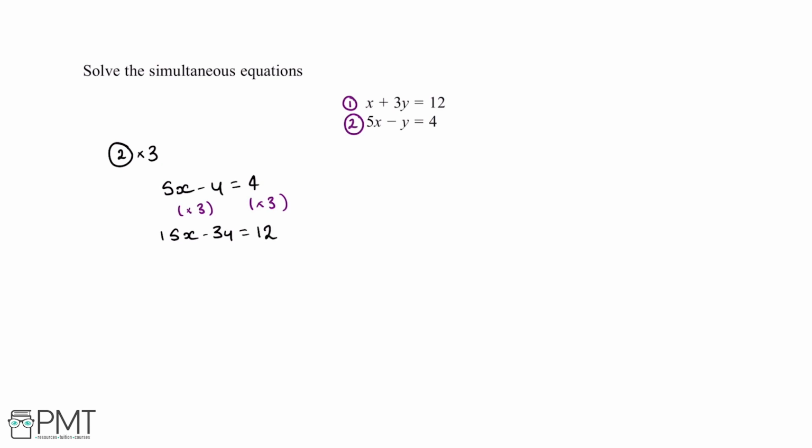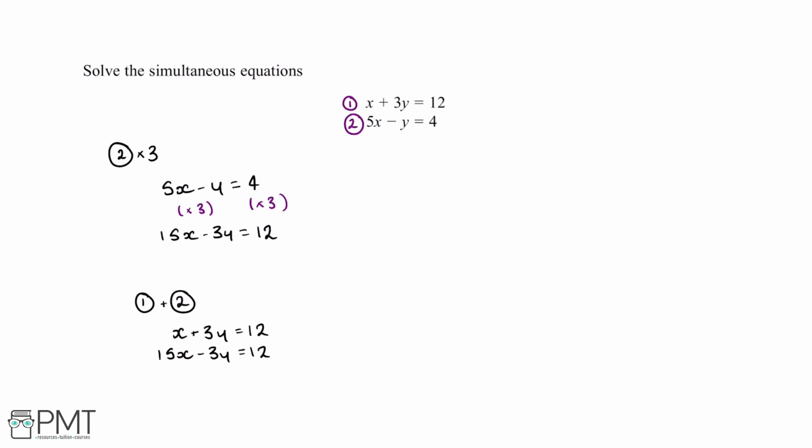So now what we can do is add equation 1 to equation 2. So equation 1 is x plus 3y equals 12, and then our new equation 2 is 15x minus 3y equals 12. And when we add these together, we can add all of the x terms, all of the y terms, and all of the numerical terms separately.